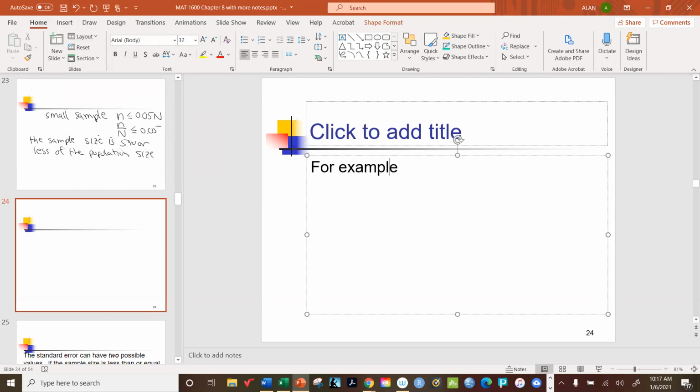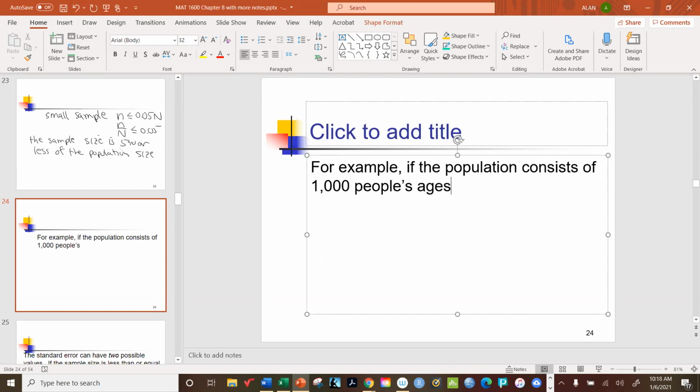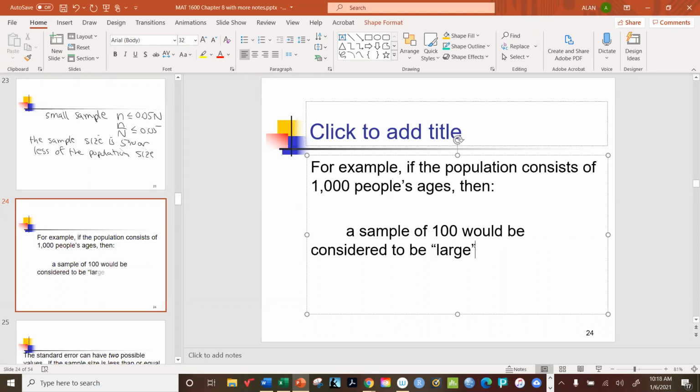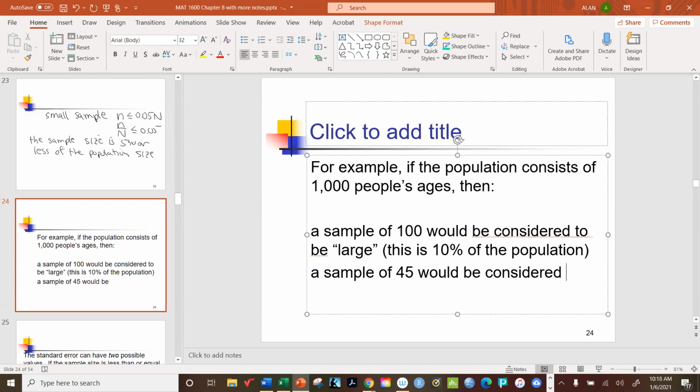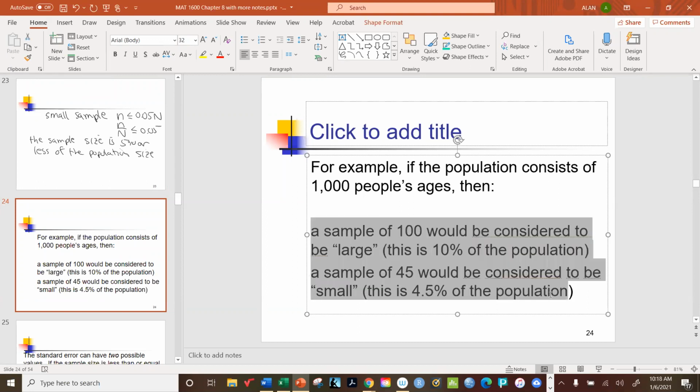For example, if the population consists of, let's say, 1,000 people's ages, then a sample of 100 would be considered large, because that's 10%, whereas a sample of, let's say, 45 would be considered to be small, since this is 4.5% of the population. So that's how we tell them apart, large and small.